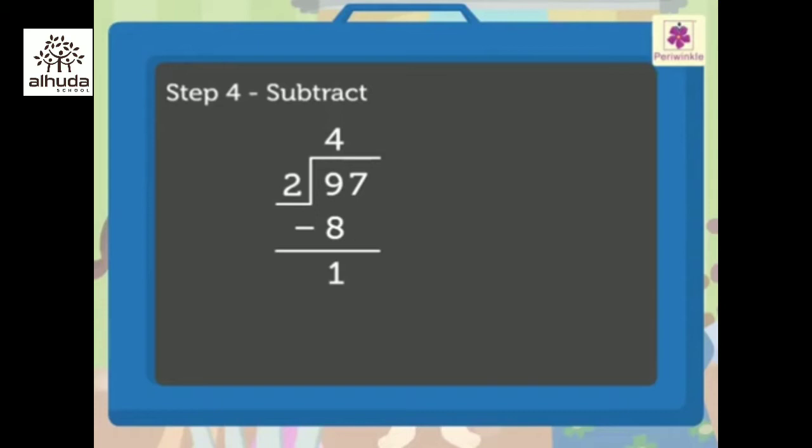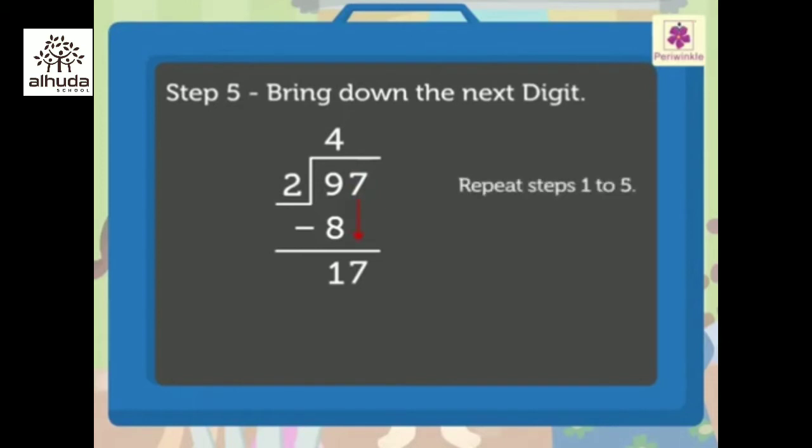We write this 1 in the tens column. Now, step 5 is to bring down the next digit, that is 7. After bringing down the digit, we repeat steps 1 to 5 again till there are no more digits to bring down.